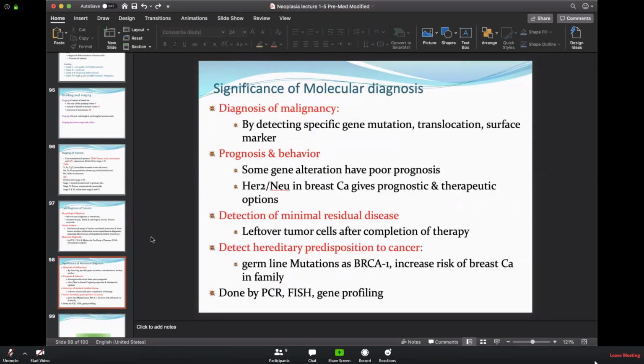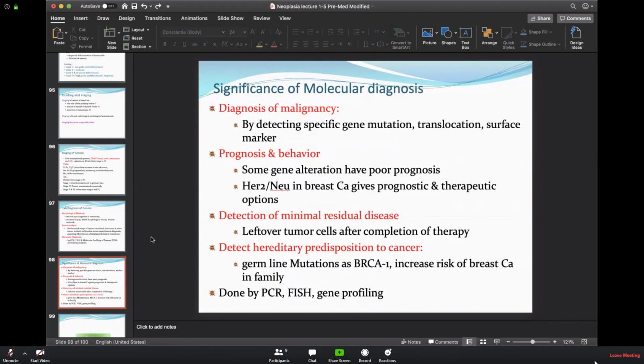When you hear the oncologist say predictive and prognostic, predictive means it's able to predict the response to treatment. So patients who have HER2-neu positive breast cancer are more likely to respond to treatments such as trastuzumab.